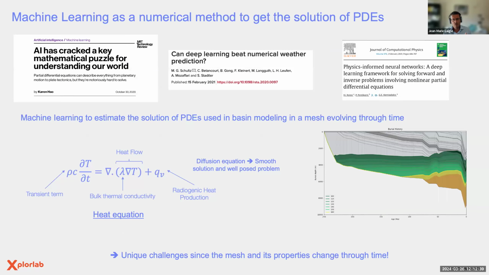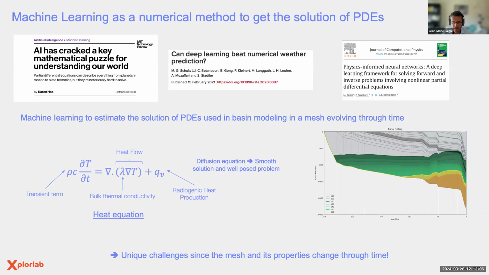In order to do that, we are going to use machine learning as a numerical method to get the solution of the partial differential equations that govern the physics in a basin. Machine learning is a tool which is used in other fields, specifically for this problem. Here are some examples of articles, and there are many more. This is a growing field.